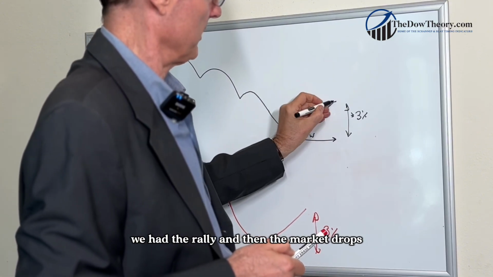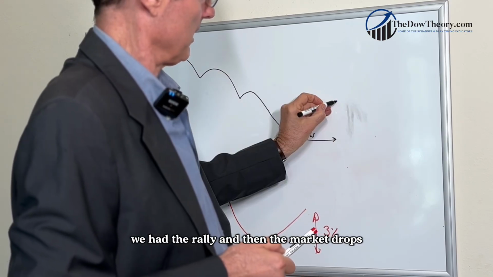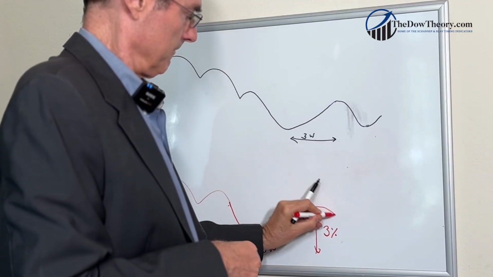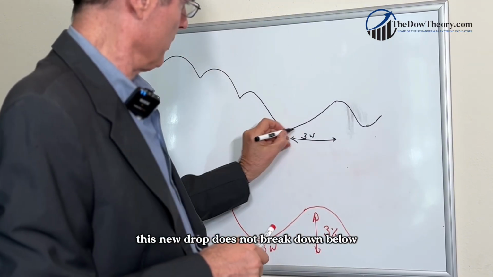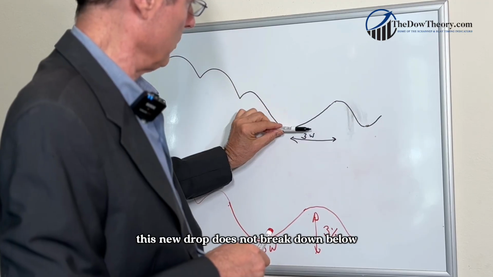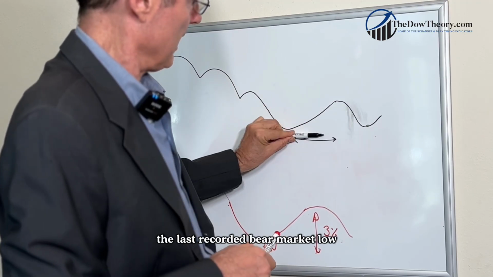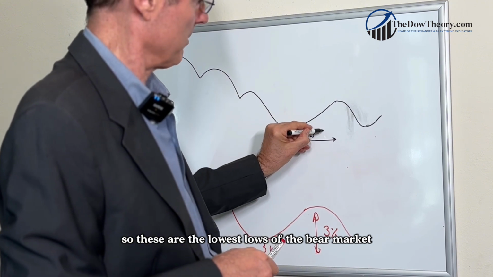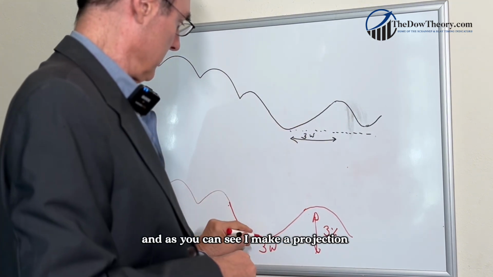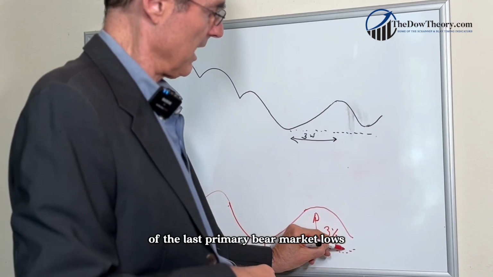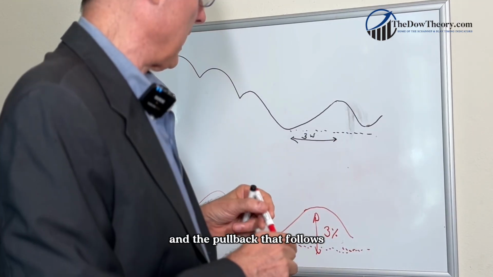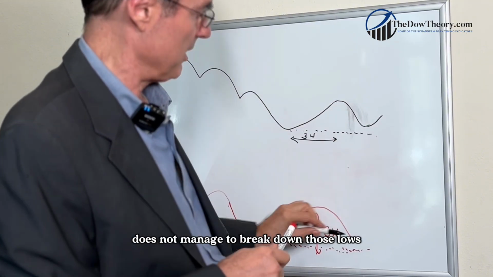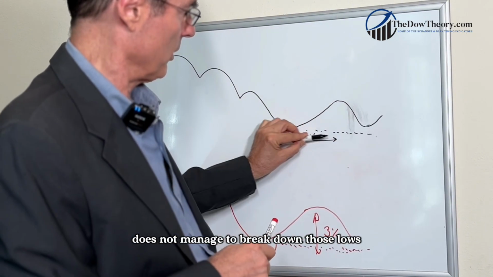We had the rally, and then the market drops, and here the same, there is a drop, but look, this new drop does not break down below the last recorded bear market lows. So these are the lowest lows of the bear market, and as you can see, I make a projection of the last primary bear market lows, and the pullback that follows the secondary reaction does not manage to break down those lows.